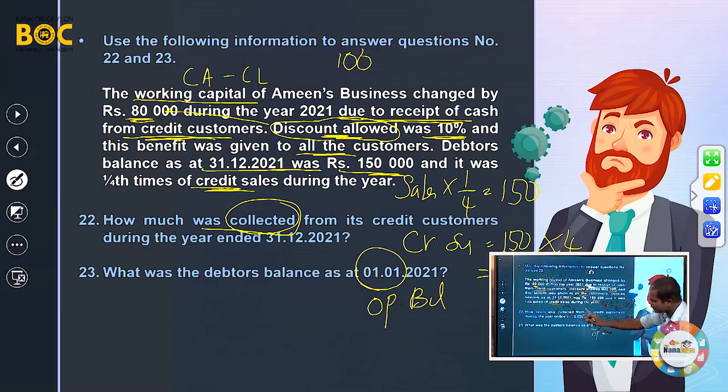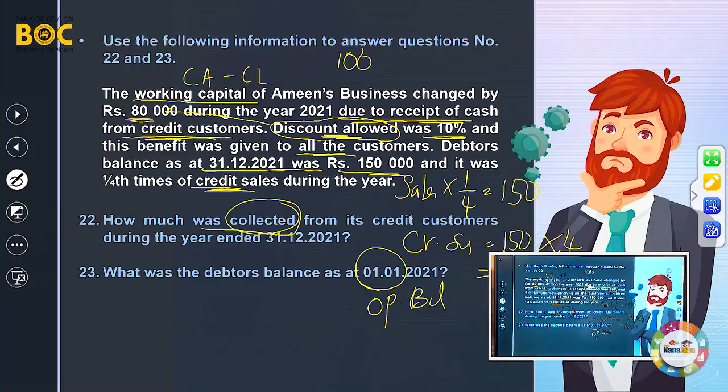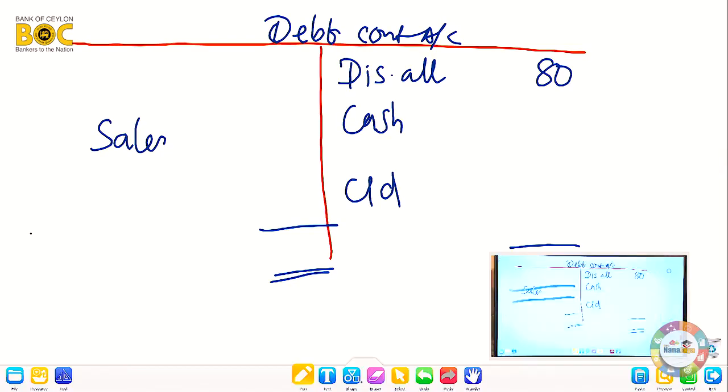The question 22-23 requirement: how much was collected from debtors? The discount allowed was 80. Why? This working capital change I explained to you, 80,000, then this is 10%.